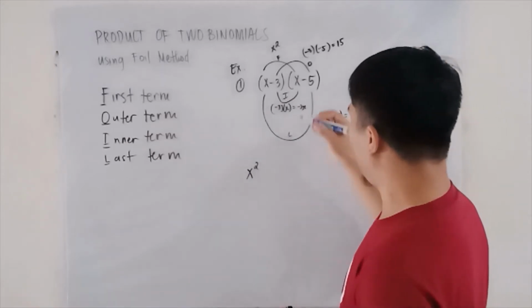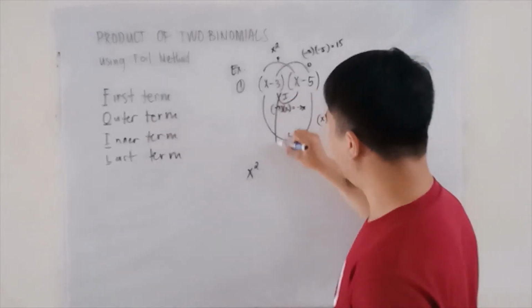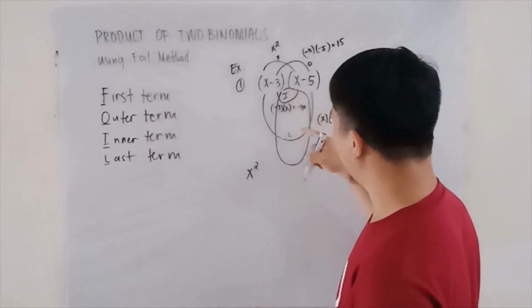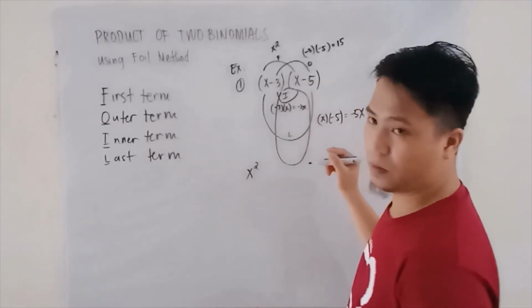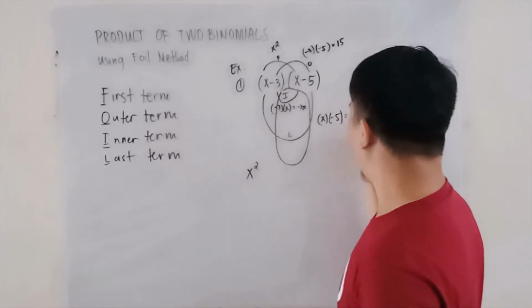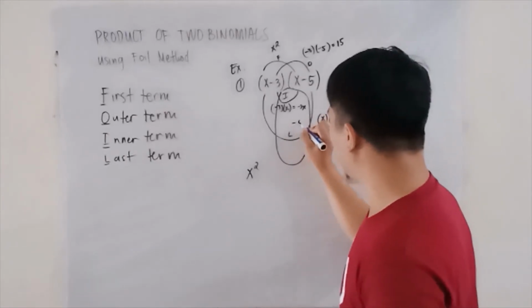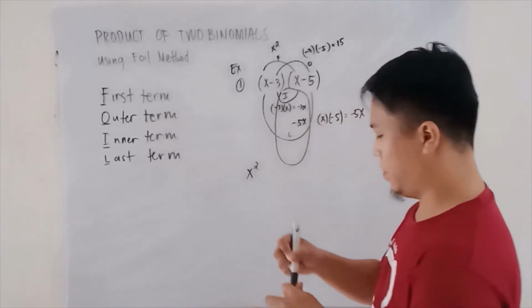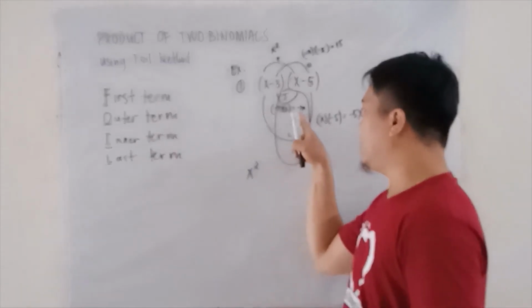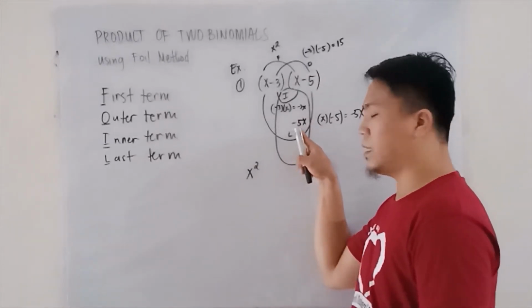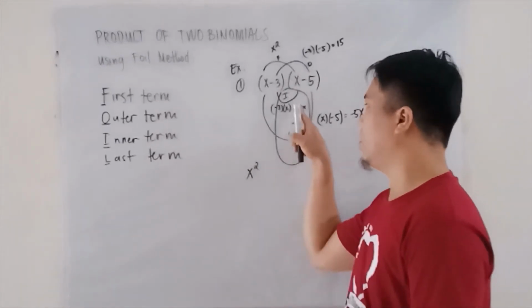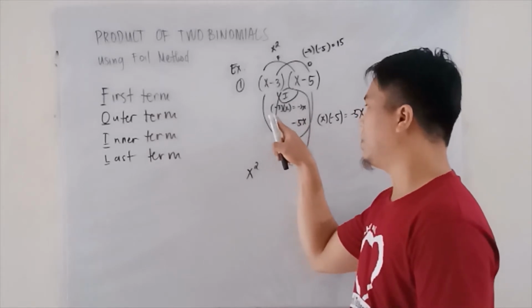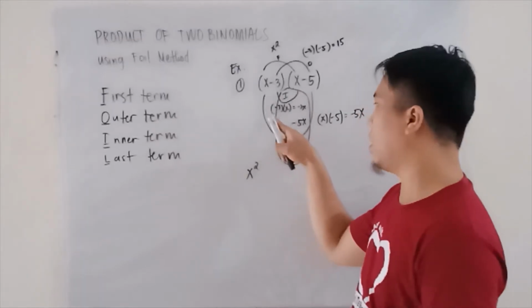It is always addition. So I'm going to rewrite negative 5x here: negative 3x plus negative 5x. Take note, we always take the sum for the middle part.